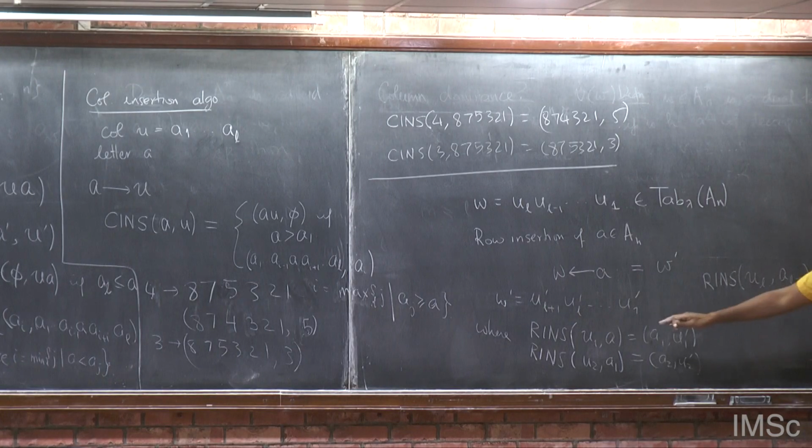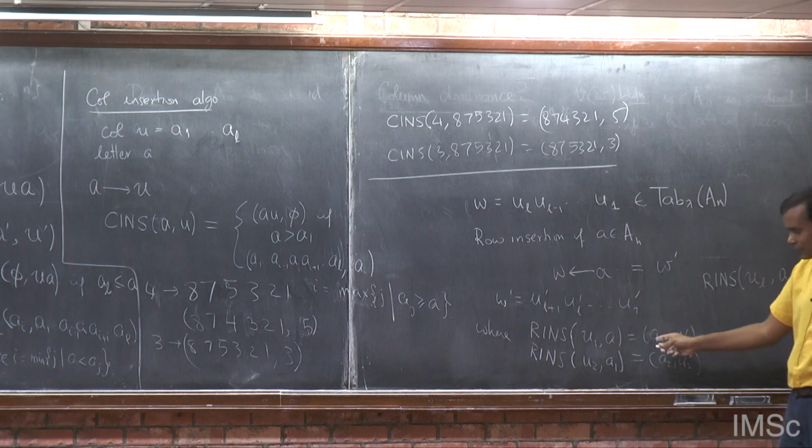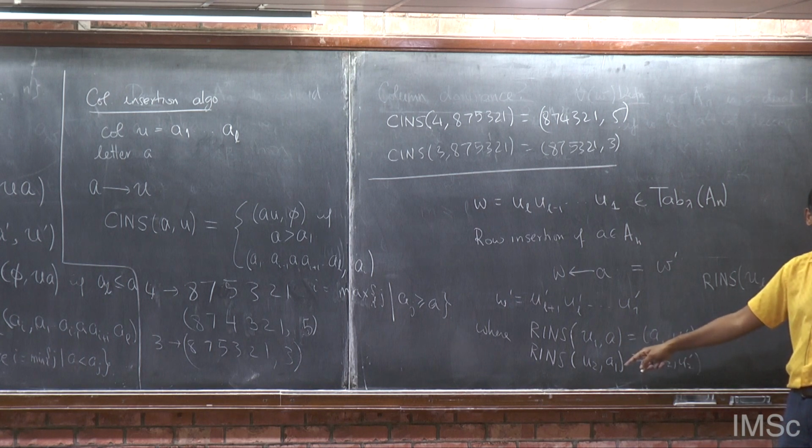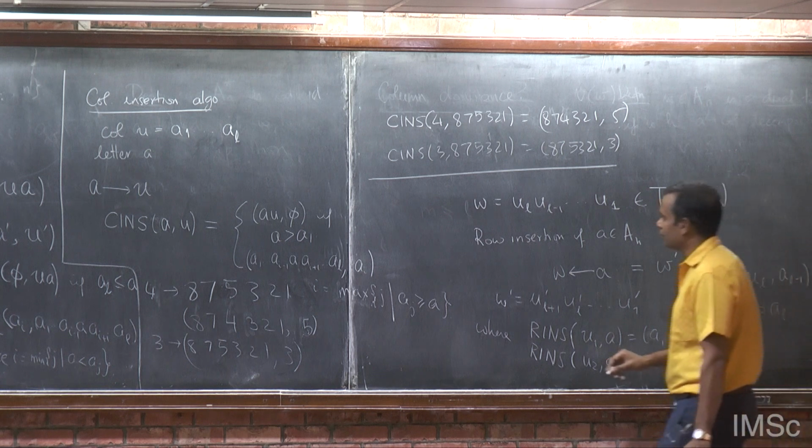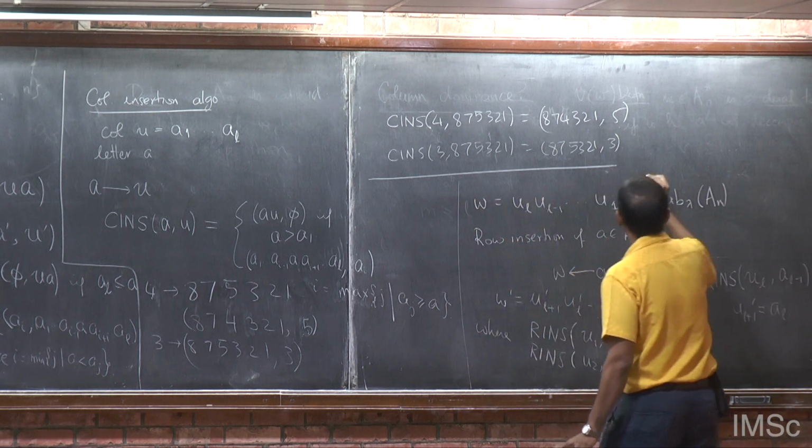So, I start with U1, I insert A into it, maybe something gets bumped out, I insert that into the next row, maybe something gets bumped out, and so on, all the way up to the Lth row. And then this UL plus 1 prime is AL. If this is empty, then the L plus first row is empty. So, this is called Schensted's insertion algorithm.